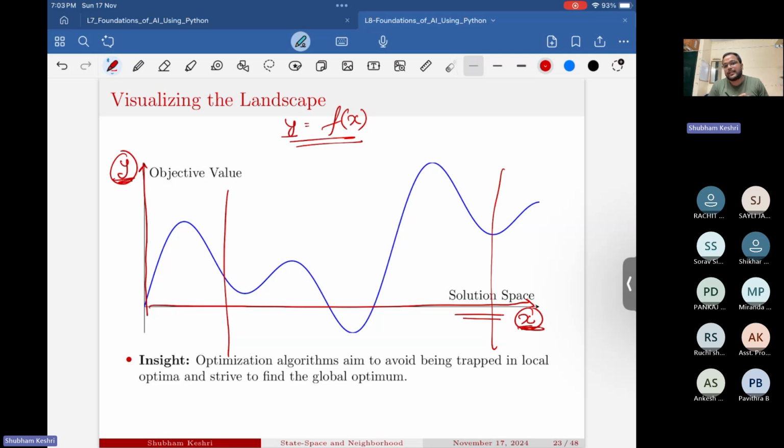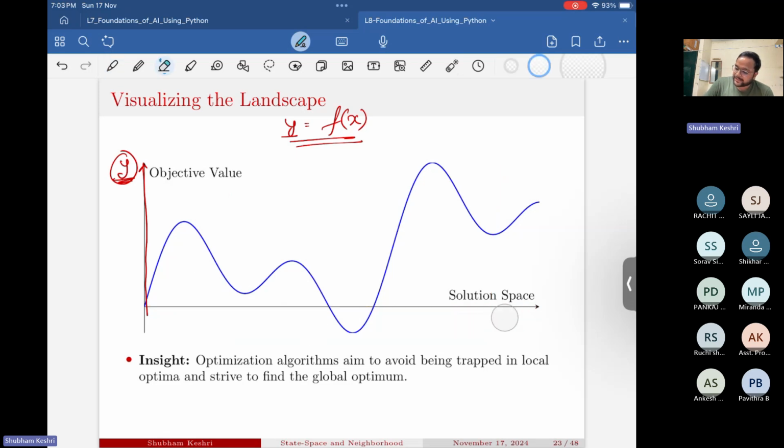That kind of situation we are seeing here, and you cannot use the concept of differentiability to check the optimal point. This is what a state space search looks like. You see over here these points are local minima, and this is the global minima. Similarly, these points are local maxima, and this point is the global maxima. Is that all right?